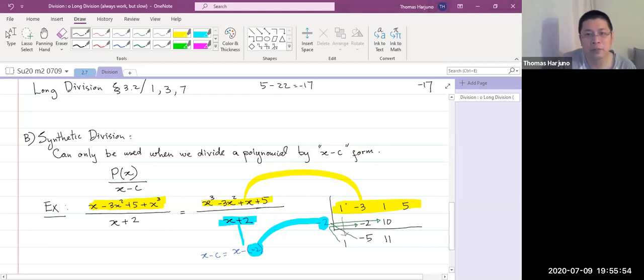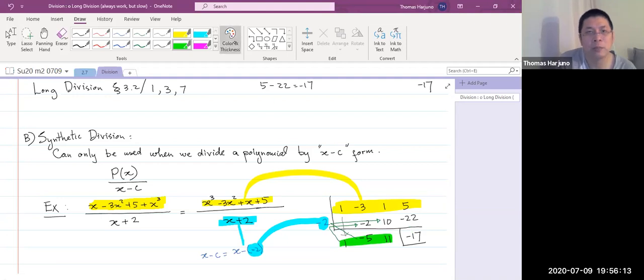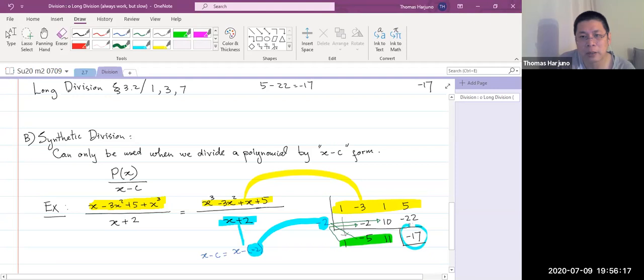So 11 times negative 2 is negative 22. And then you add, you get negative 17. Okay. Now this part here is the coefficient for the quotient. And we call this the remainder. This is the remainder.